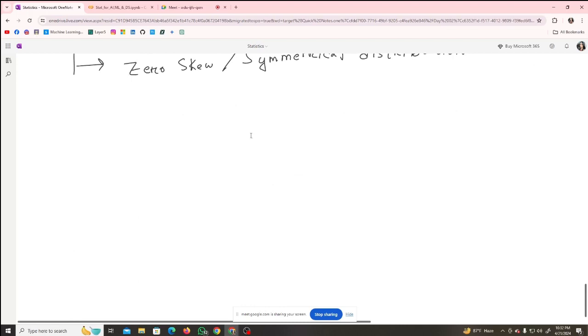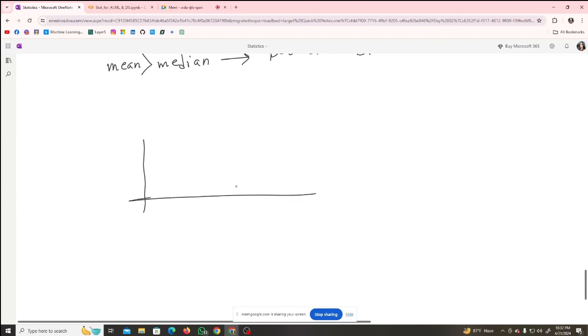Okay, suppose your mean is greater than median, then it is a positive skew, and your distribution should look something like this. Your right tail will be stretched out.